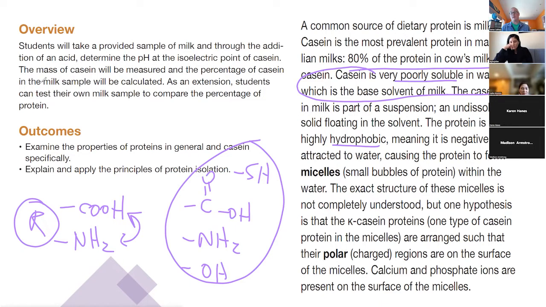Polar, exactly. We would want polar groups to be on the outside because they can make hydrogen bonds with the water, making the protein more soluble. So the more interactions that the exterior of the protein can make with water molecules, the better, because that makes it soluble. It's interacting with the water, and it keeps it in solution.